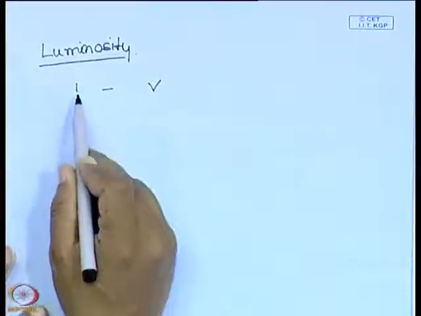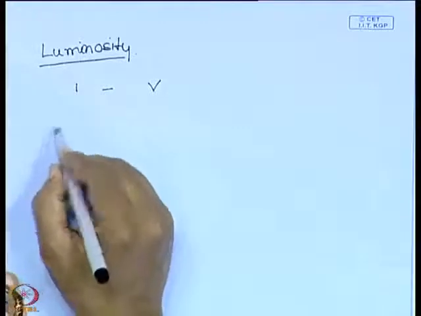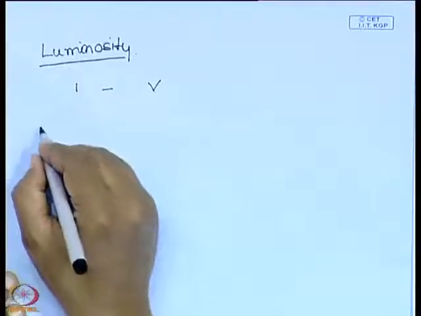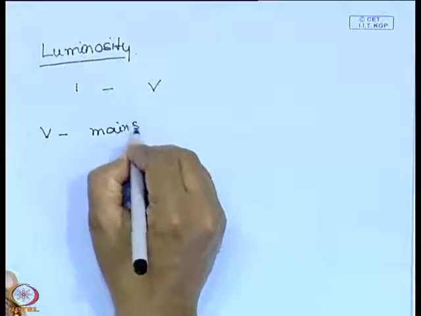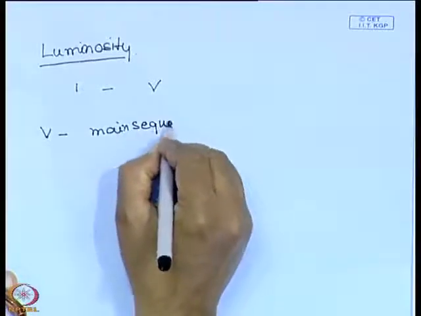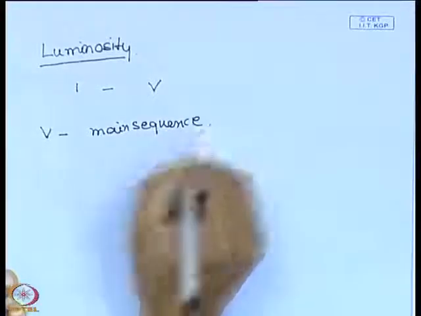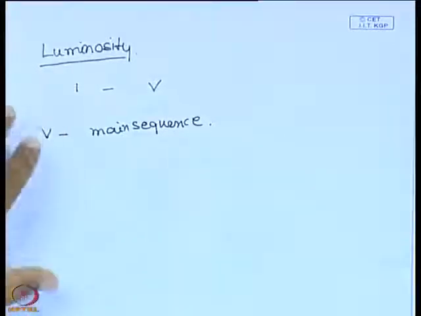So, the 1 are the most luminous stars, 5 are the lesser luminous stars. So, 5 refers to the main sequence stars. 1 refers to giants, which we shall come to. Okay, supergiants, giants. So, this is a luminosity classification. In addition to the spectral classification, you also have a luminosity classification which tells you the luminosity.